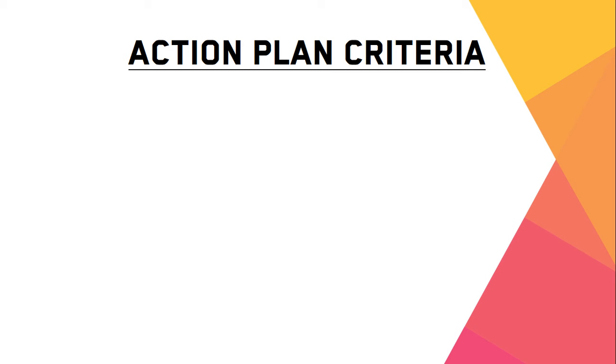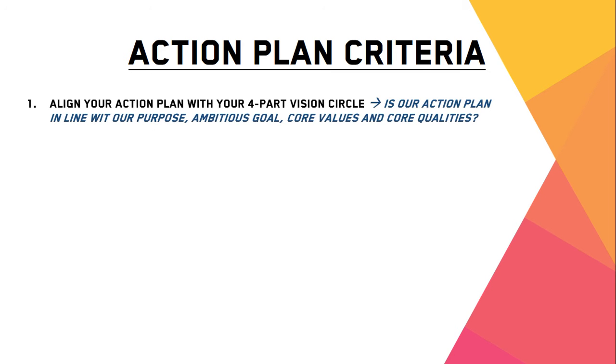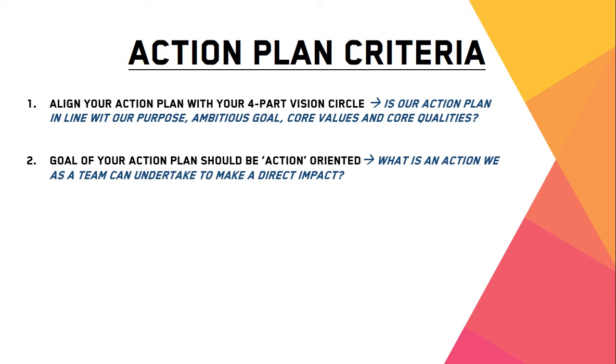The first one is that the action plan should be aligned with your vision. Your vision will consist of 4 parts, namely the purpose, ambitious goal, core values, and core qualities. I will elaborate on your SDG vision development in a bit. The second action plan criteria is that it should be action-oriented.